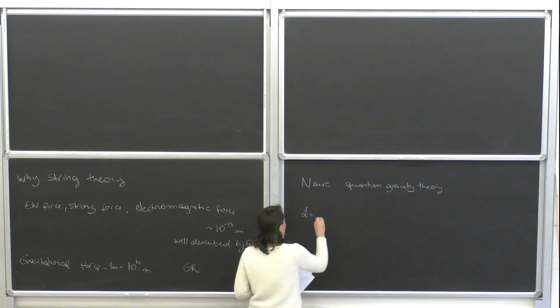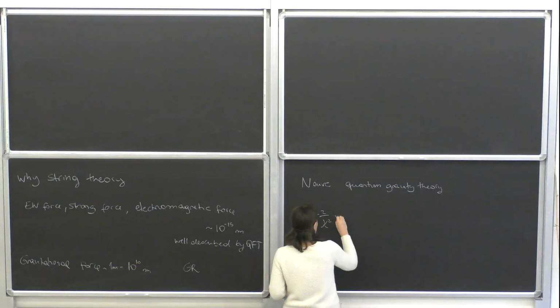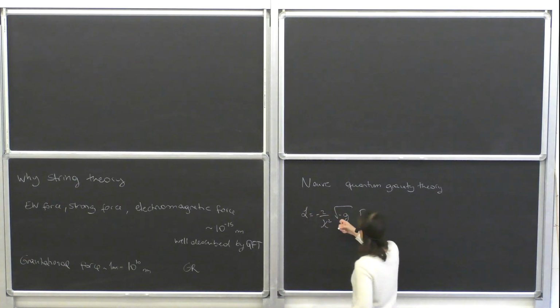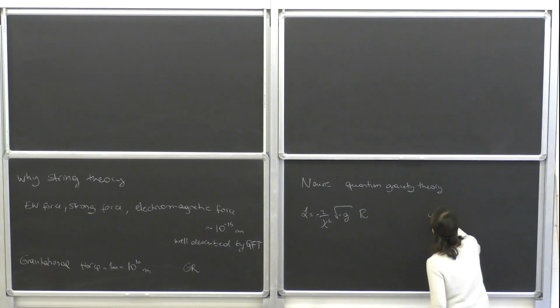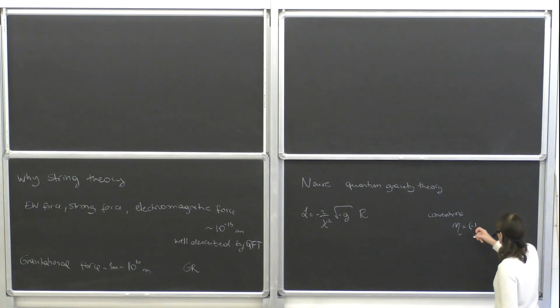So the Einstein-Hilbert action is minus 2 over kappa squared, integral of square root of minus g, and the Ricci scalar. Minus g because we will use conventions in which the Minkowski metric is minus 1 in time and then 1.